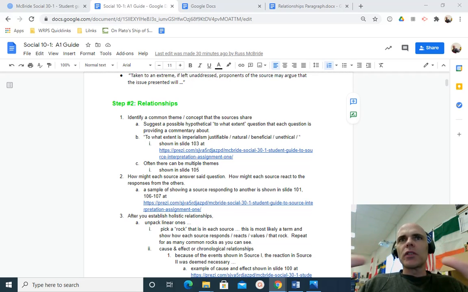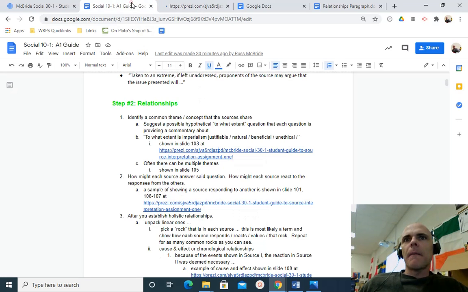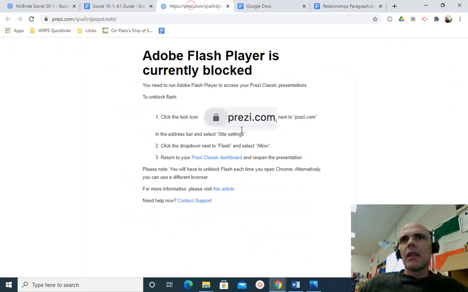So the first step of the relationship paragraph is to look at the common theme. Often the common theme can be expressed as an overarching question, a to what extent question that each source is providing an answer for. We have this shown in slide 103 in the Prezi that I have indicated to you before. So you can go there and open that up.